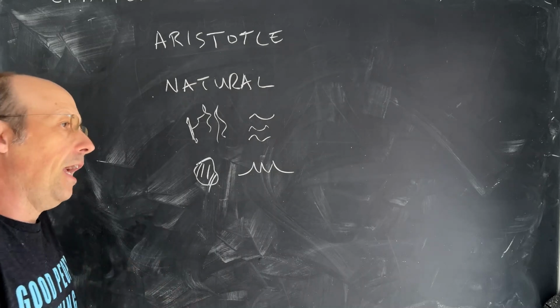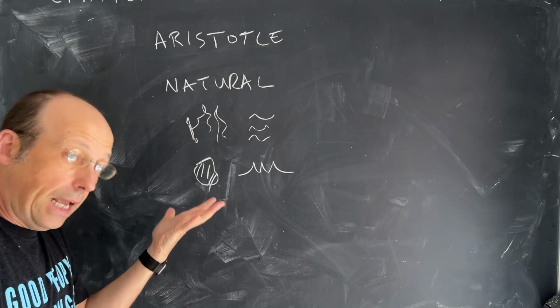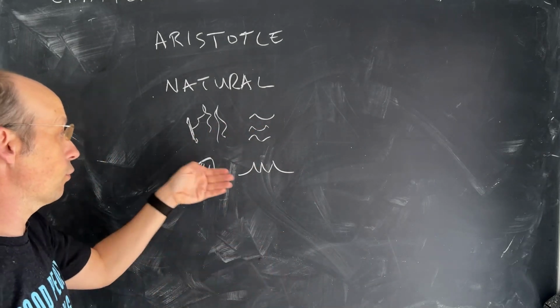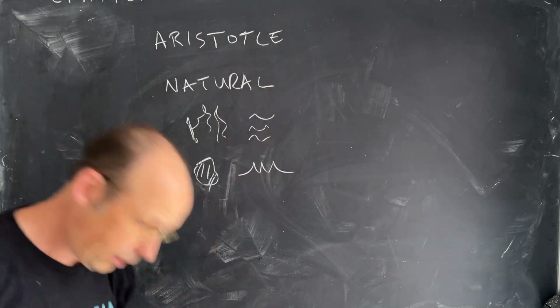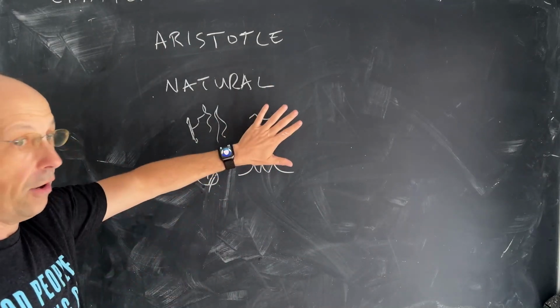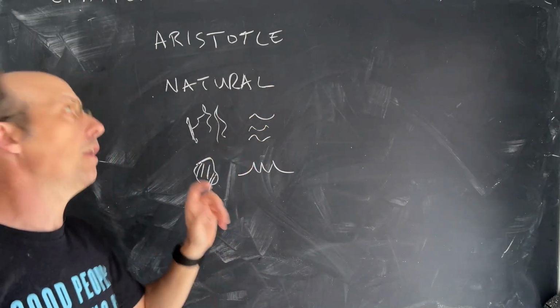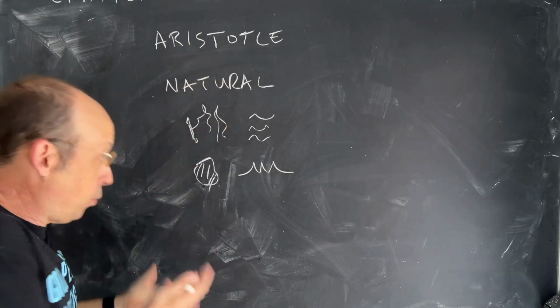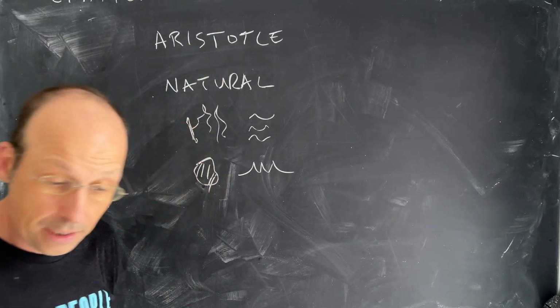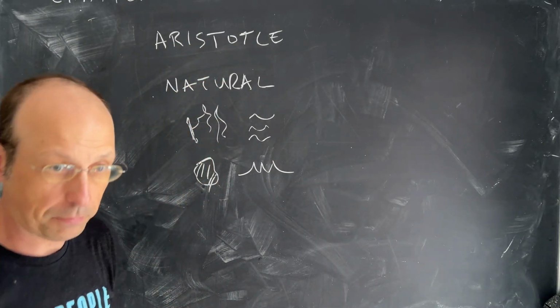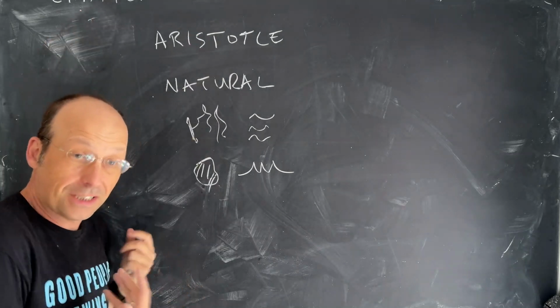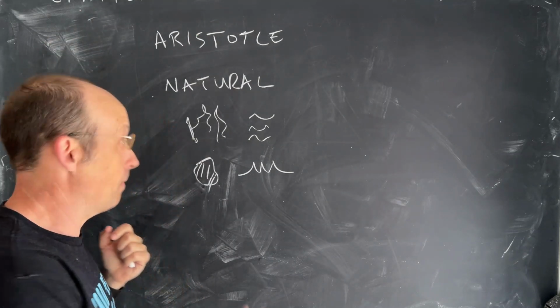And he said that everything is made up of these, and they want to do what they want to do. So rocks and water want to go to the earth. They go down. Air does whatever it wants to. I don't really know, but fire rises. Okay, so this is why a rock falls. A rock or any object would fall. I'll take this paper because it's light. It falls because it wants to get to its natural position. Natural position.